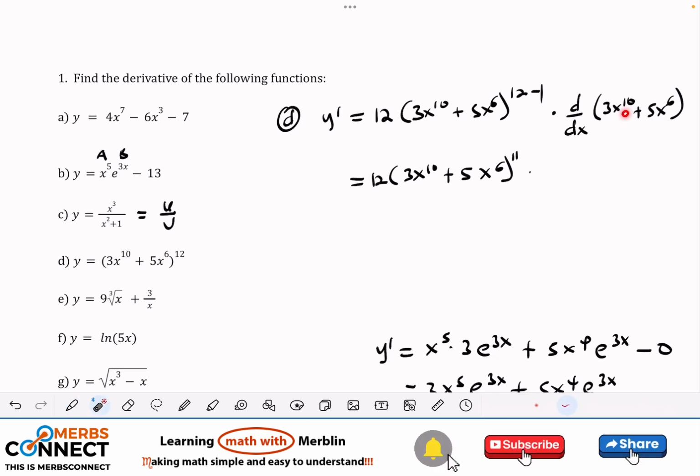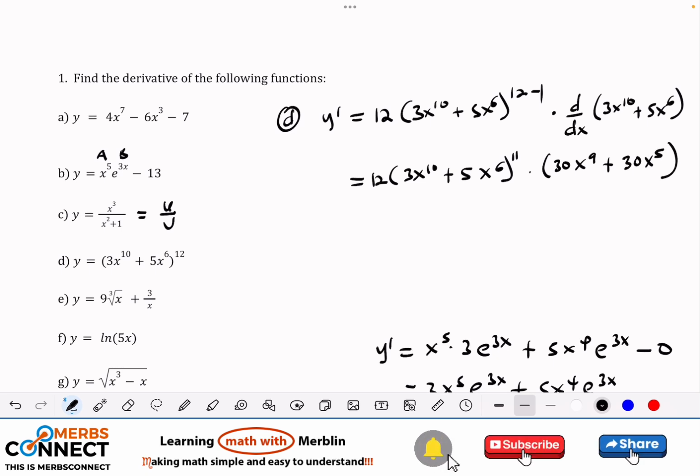Now I use the power rule to differentiate this. When I differentiate x to the power 10, I'm going to get 10x to the power 9. Then I'll multiply the 10 by 3, so I'm going to have 30x to the power 9, plus 6 will drop down and multiply the 5, so I'm going to have 30 again, then x to the power 5.